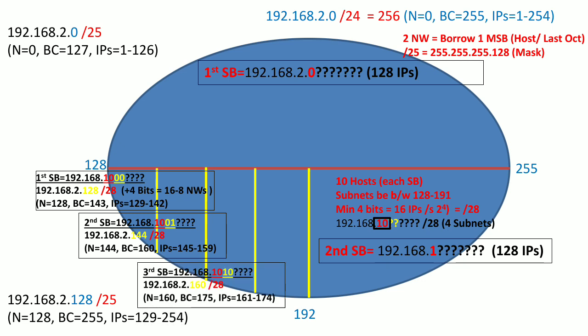The third would be the 160 subnet, and it would go till 175. So 175 would be the broadcast address. The fourth subnet would start from 176 and go till 191, and 191 would be the broadcast address and 176 would be the network address.